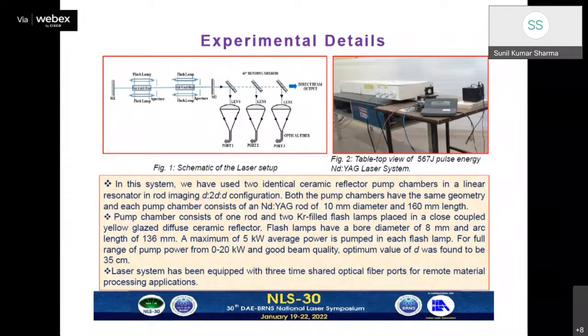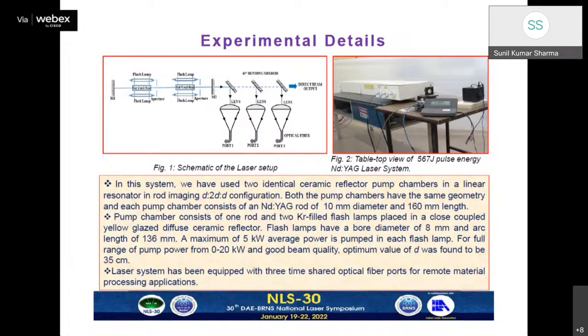For the full range of pump 20 kilowatt, the optimum value of D was found to be 35 mm for the plane resonator. This system is equipped with 3 time-shared optical fiber ports for remote material processing.